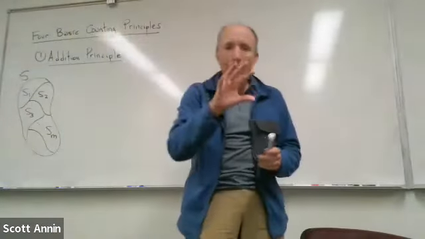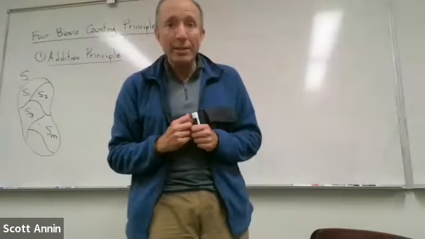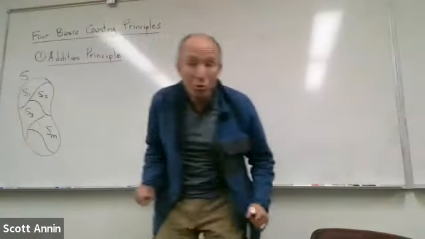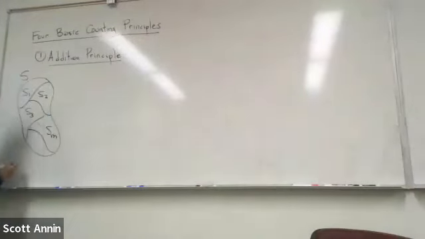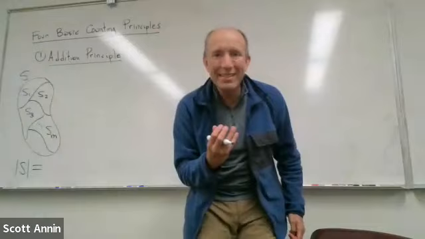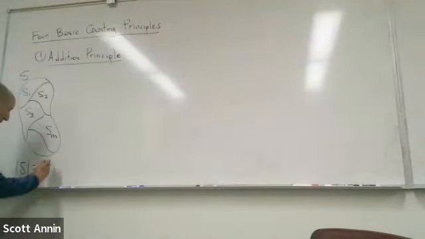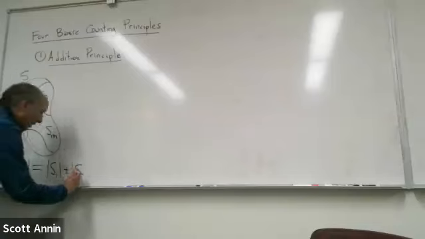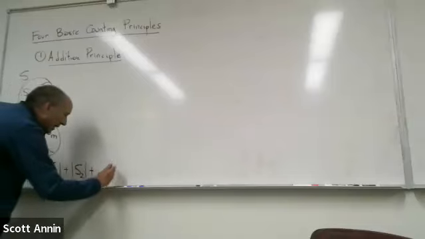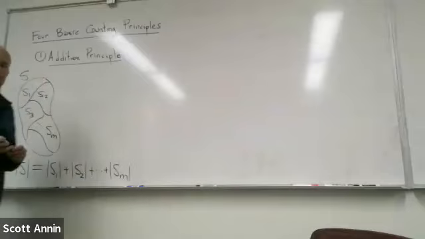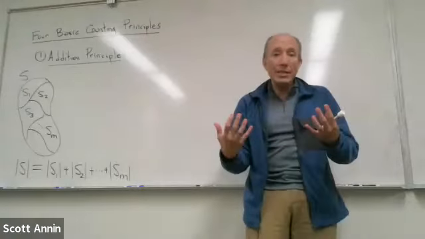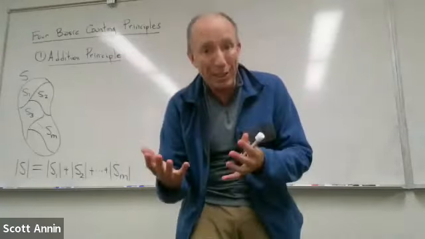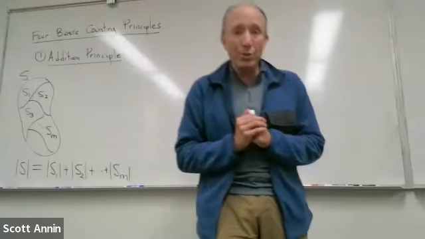We have a bunch of different subsets that don't overlap with each other, but collectively, their union is the entire set S. Then what we can say is that the size of S, if we wanted to count how many elements are in S, what we could do is simply add up how many elements belong to each of the subsets within this partition. So we could find the size of S1, the size of S2, the size of S3. We could do all of those calculations separately and then add the results.